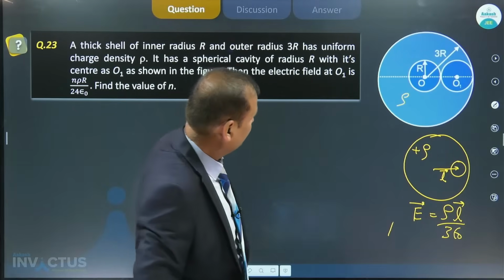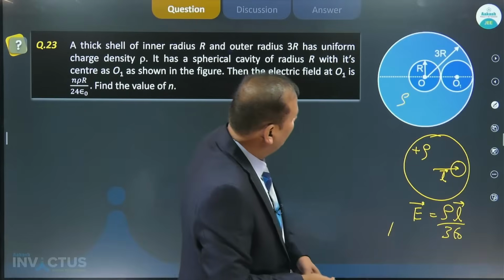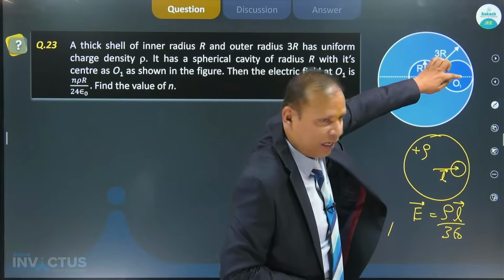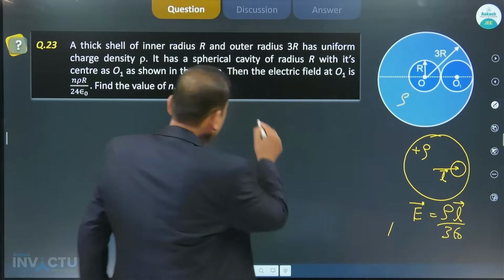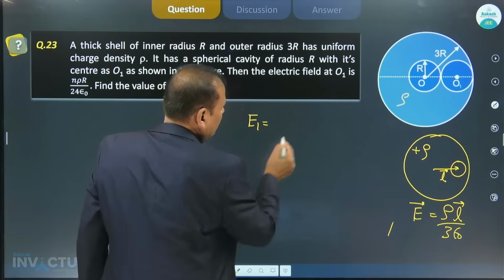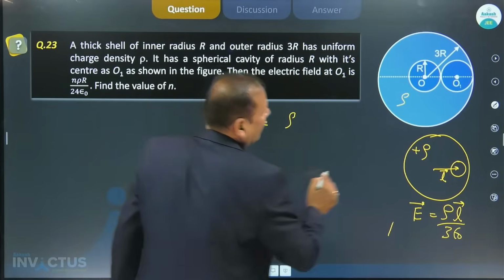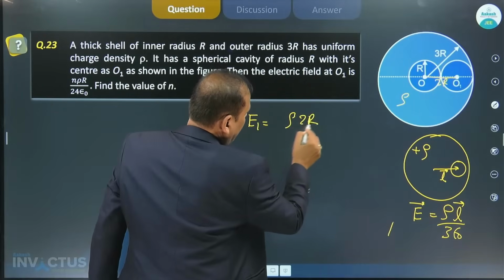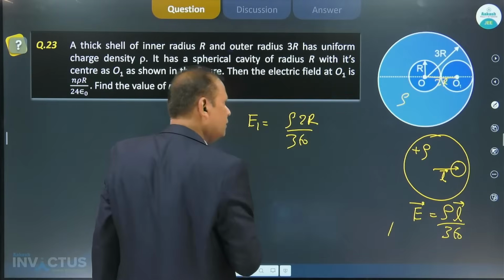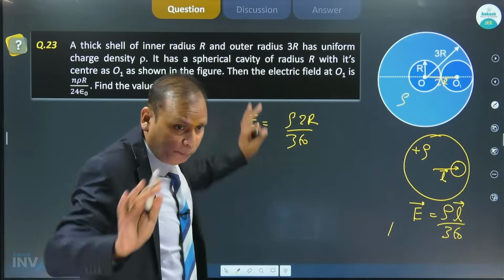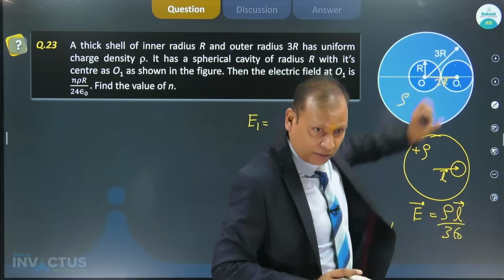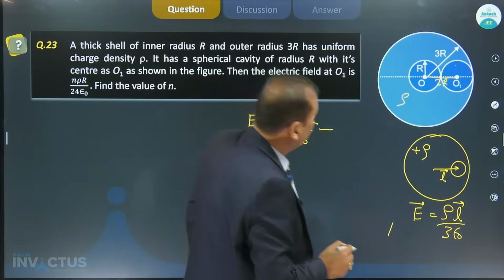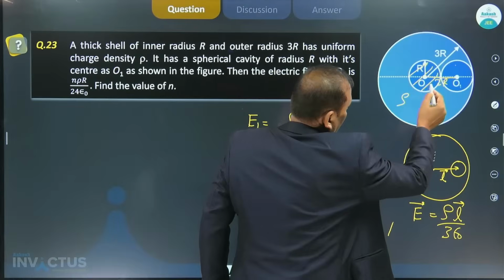So now here, we will consider the complete sphere with this cavity only. So we will find E1 is equal to rho times 2R by 3 epsilon naught. This is due to the complete sphere except this cavity. Now I will subtract its value.